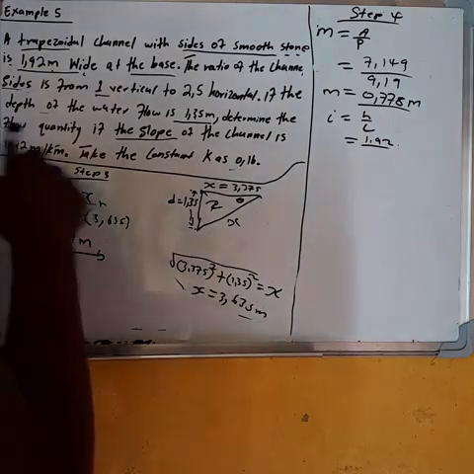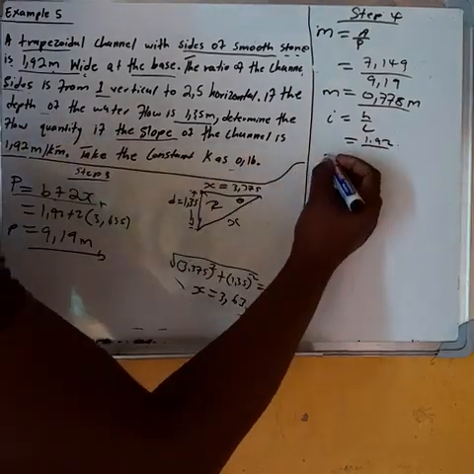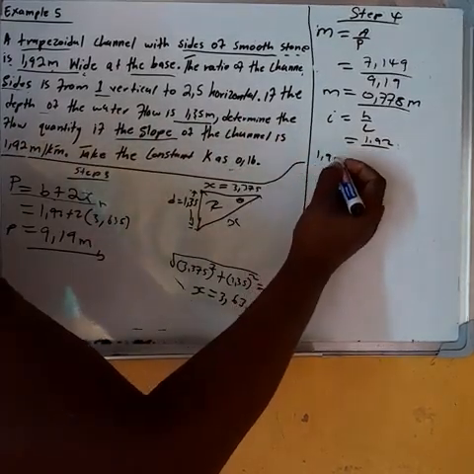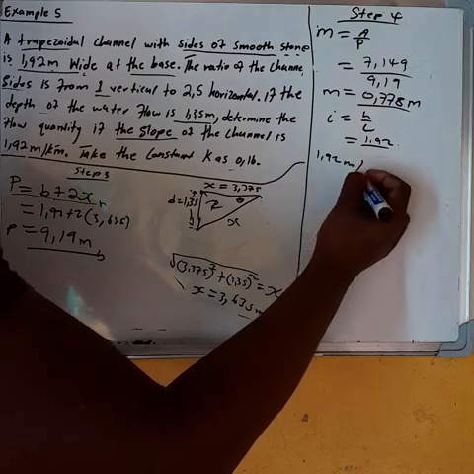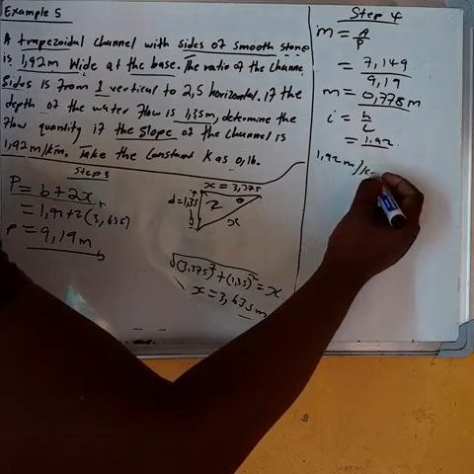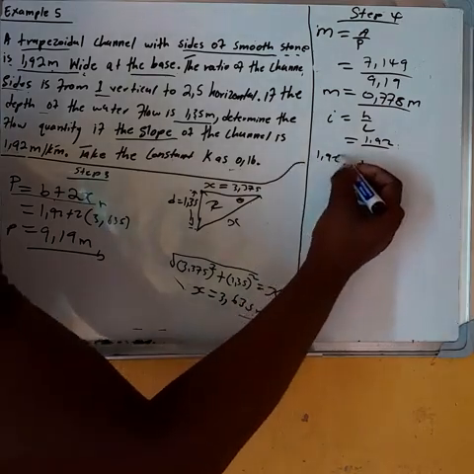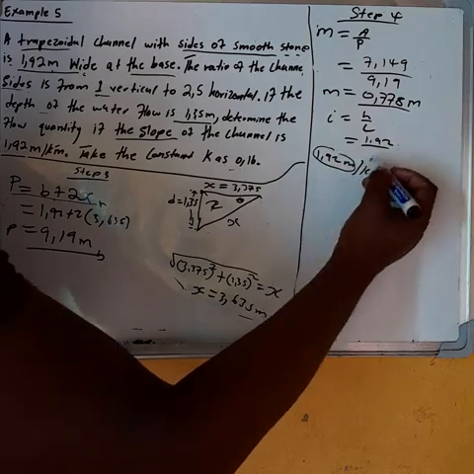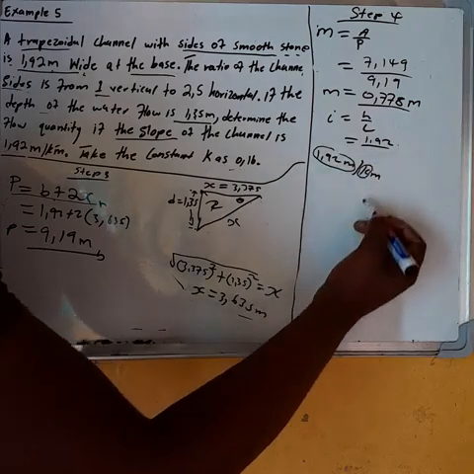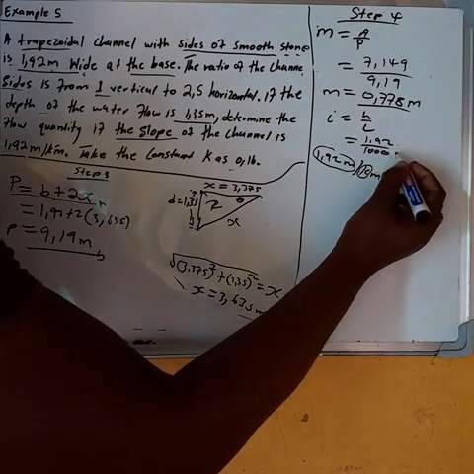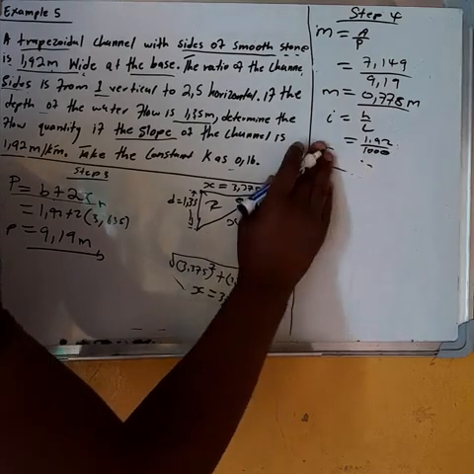Remember we are given that the slope is equal to 1,92 meter over kilometer. How can we rewrite this? We write this on the top as it is, but over, we just convert this. We know that the kilometer represents 1,000.